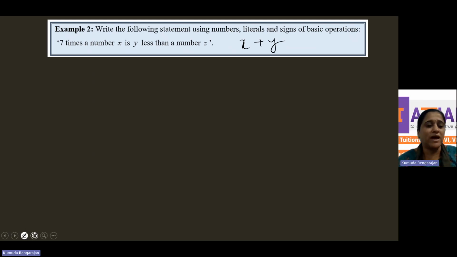But when you come to higher classes, you will understand that even 7 is an algebraic expression because there is a constant there. X is an algebraic expression because there is a variable. So they can be one to many: variable, constant, mathematical operations.